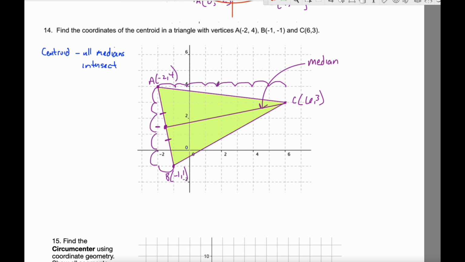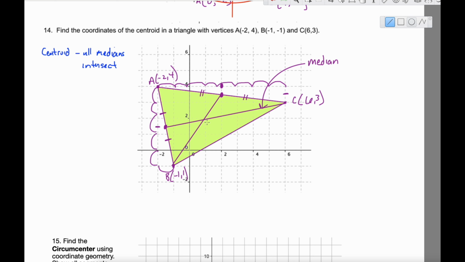Here's 4 right here. And then we are dropping 1 unit. So that means a half. Half is right there. So right here is my midpoint. Let's put double hashes on that. And all we do is we go from the midpoint to the opposite vertex.